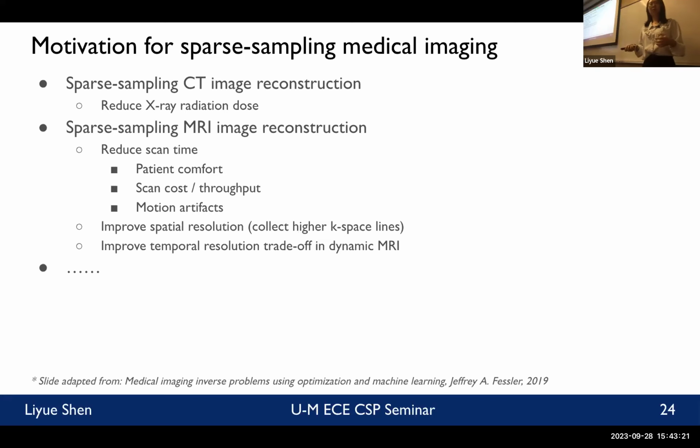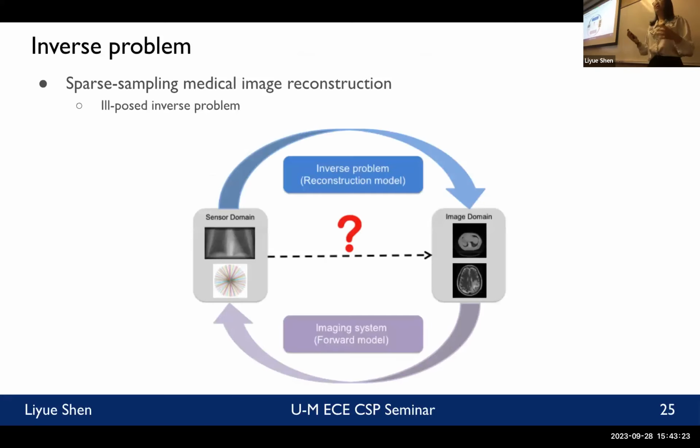But in general, we can formulate this kind of problem from the different modalities as an inverse problem. For example, here we acquire the measurement data, or the observation, from the sensor domain, for example the K-space for MRI imaging or the Radon space for CT imaging. In the forward process, which is guided by the imaging systems, we acquire this measurement data from the image space to the sensor space.